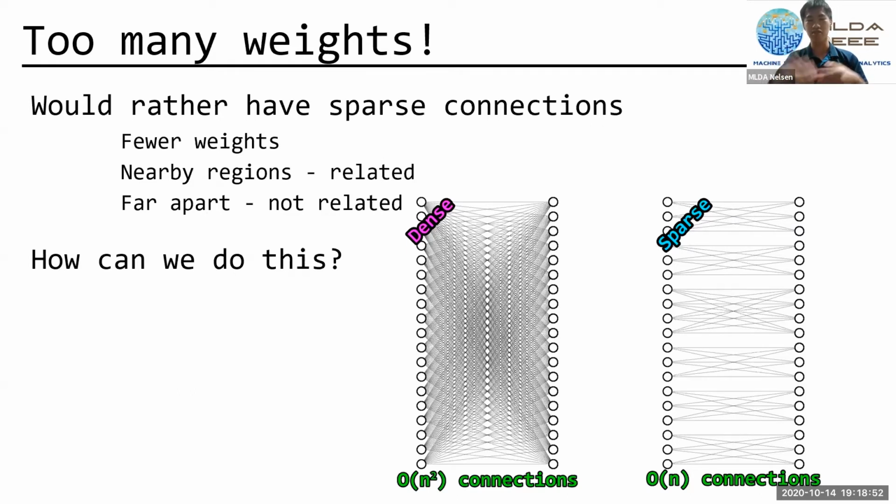So where do convolutional neural networks come in? First of all, a convolutional neural network will have fewer connections, as it only captures the pixels beside it. So it will have fewer weights, and only for the nearby pixels. How can we do this?